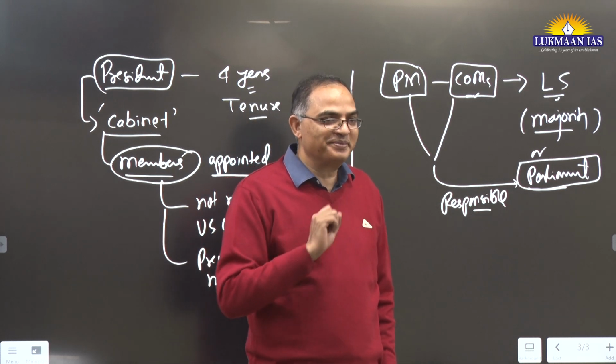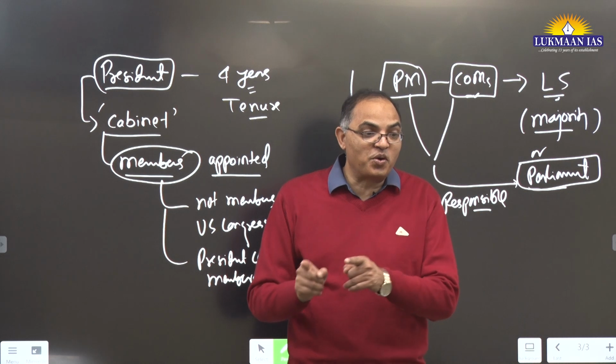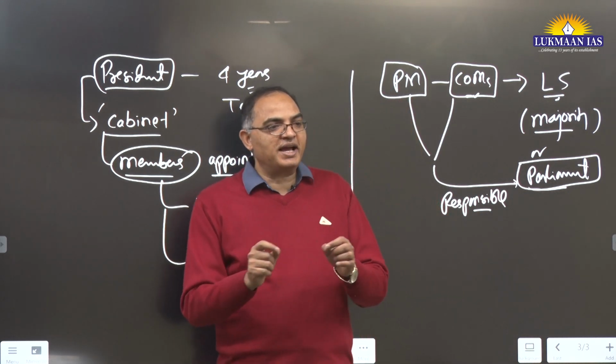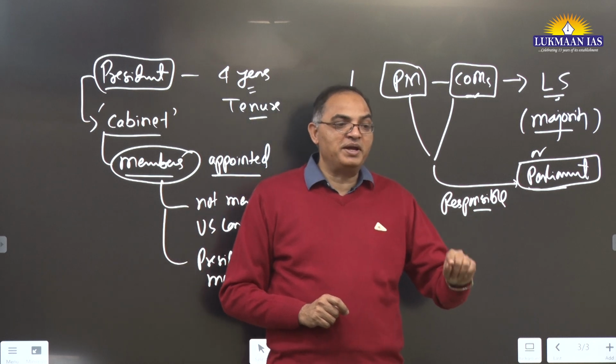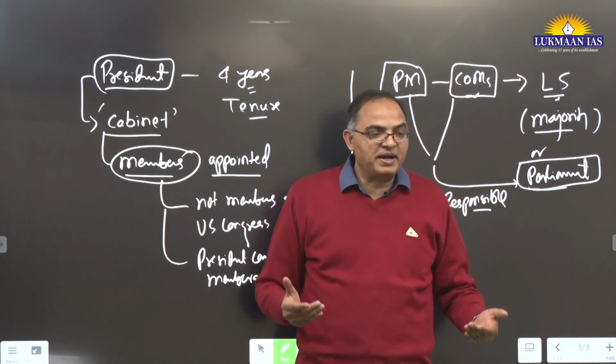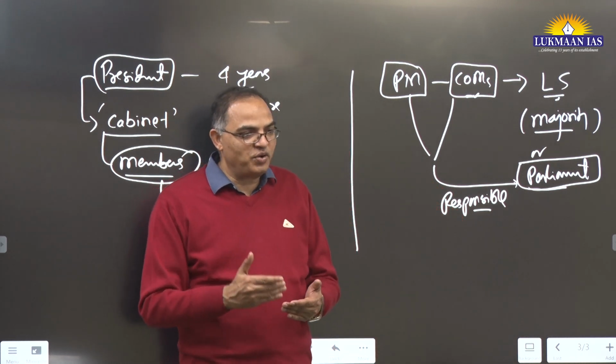Hence, there is stability of tenure, because generally the president cannot be removed, as there is no concept of losing confidence in Lok Sabha. But in parliamentary democracy, there is the concept of a no confidence motion. It can be brought, and the government may not be able to prove majority, so it can fall. Like Atal Bihari Vajpayee, he was prime minister for 13 days and was not able to win confidence.